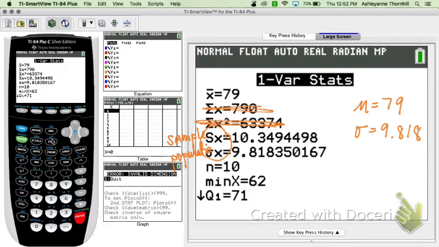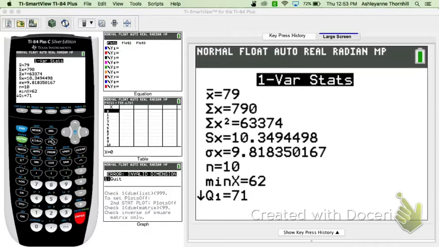Whenever you output the 1-Var Stats, it's going to give you sample and population values, and you have to choose which one to use. So when you do your assignment, it's going to ask you for one or the other. If it's a sample, it's s. If it's population, then it's sigma. Do we always go 3 decimal places? If it's your MyMathLab, it'll tell you what to do. Sometimes just 2. For me, do 3.